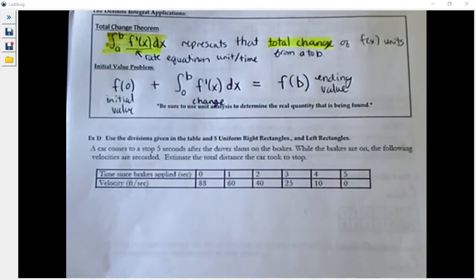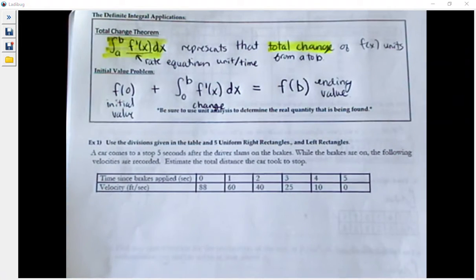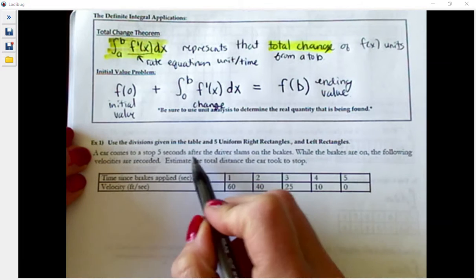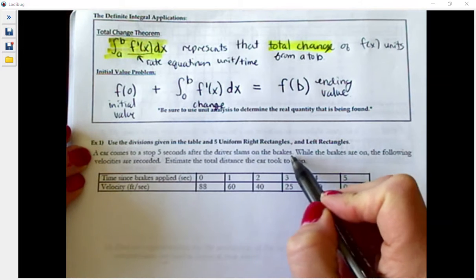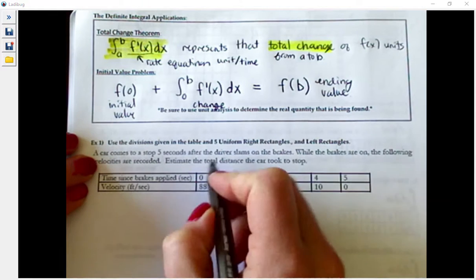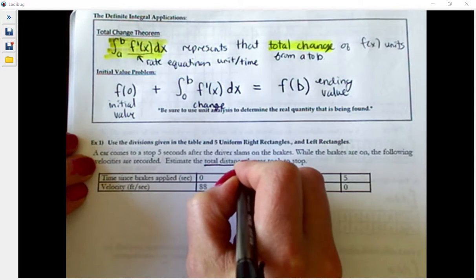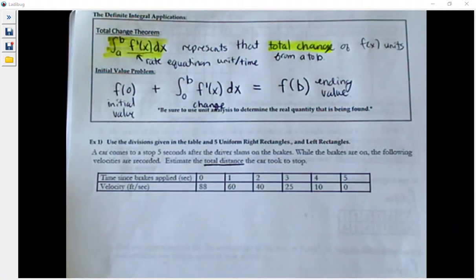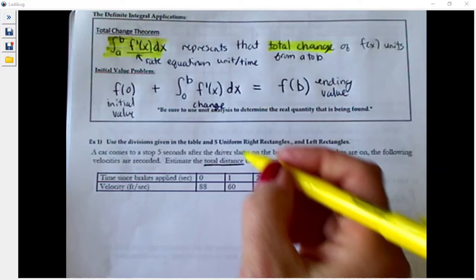All right. First question, and let's see how these two statements are used. A car comes to a stop 5 seconds after the driver slams on the brakes. While the brakes are on, the following velocities are recorded. Estimate the total distance the car took to stop. I'm asking for total distance.